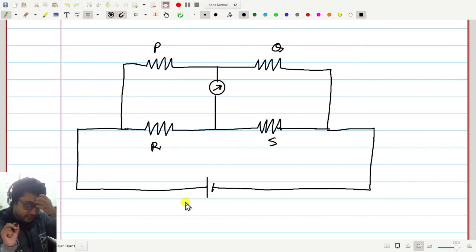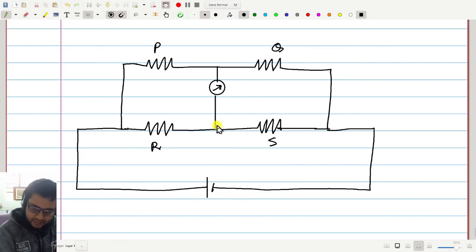Okay. Now let me do some modification to this bridge. Watch this carefully. I will erase this part. Here I will add another resistance, call it gamma. Here I connect another resistance. Here I connect another resistance.